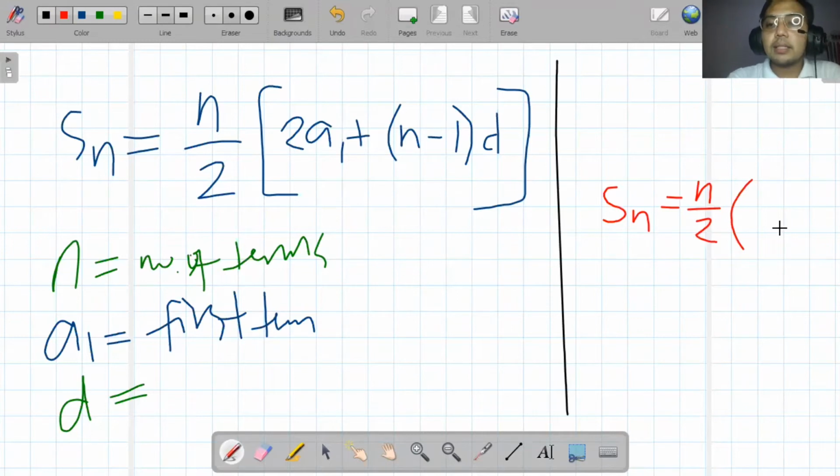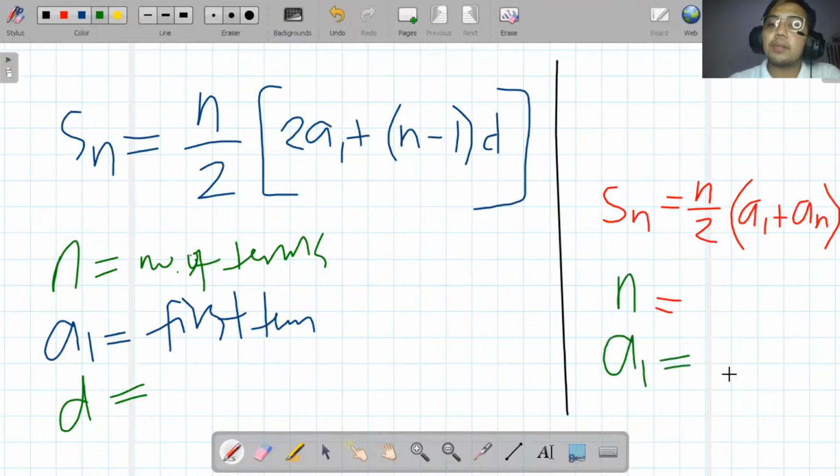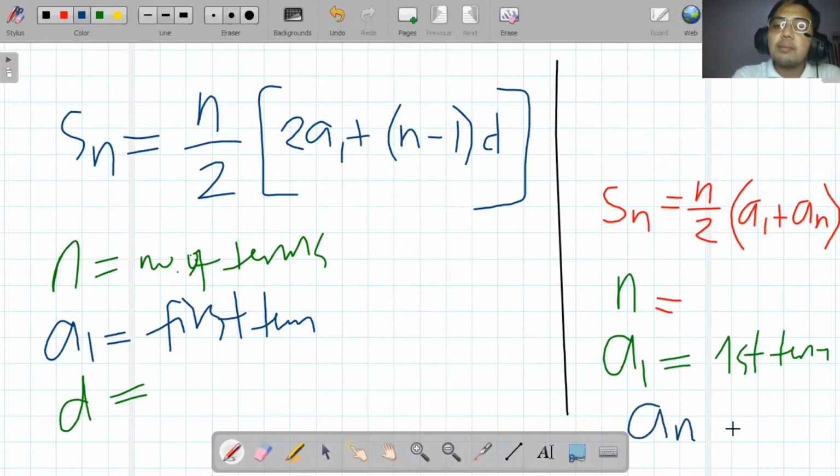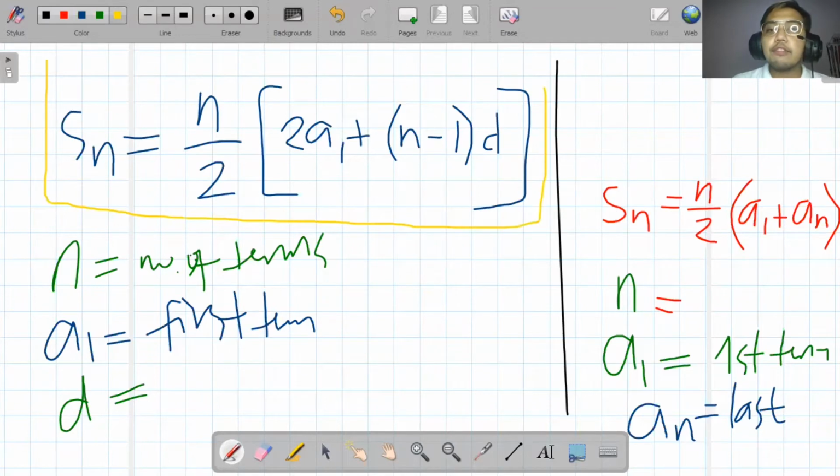You only have S sub n equals n over 2 times a sub 1 plus a sub n. In this case, ang kinahanglan na sa inyo is ang n, still the number of terms, and then the first term, and also ang ikatulo nga importante is your last term, meaning gihatag ang last term. So the formula sa taas is used if ang gihatag is first term and the common difference.